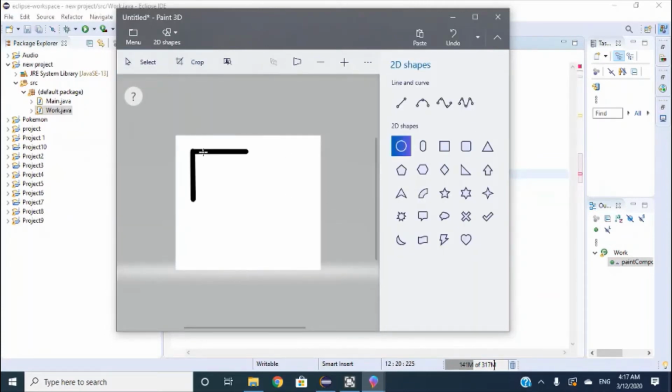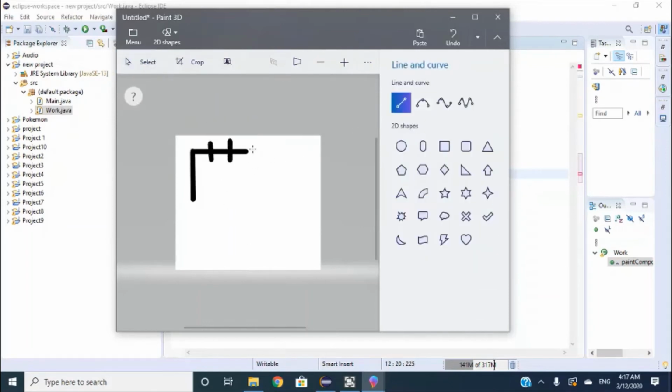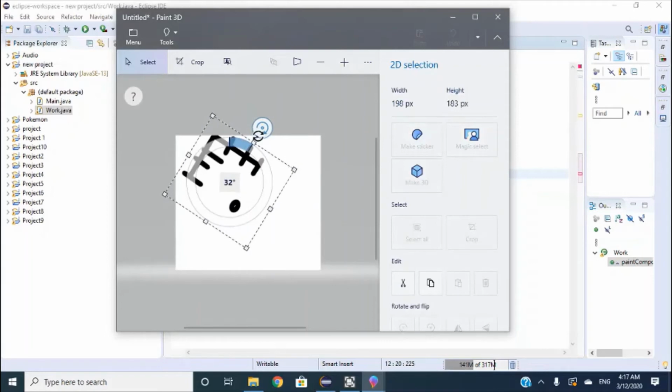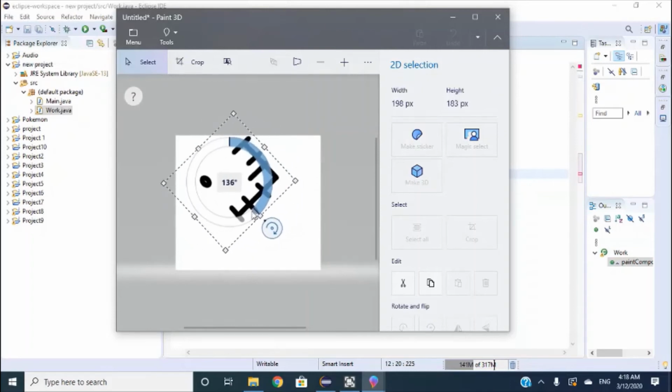So if we put a dot at 3, 3, and rotated it, the location of the dot would be different.